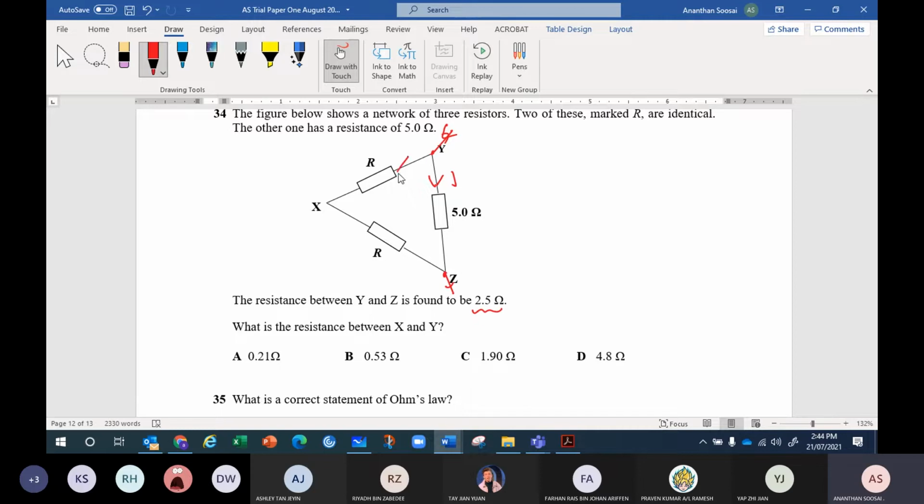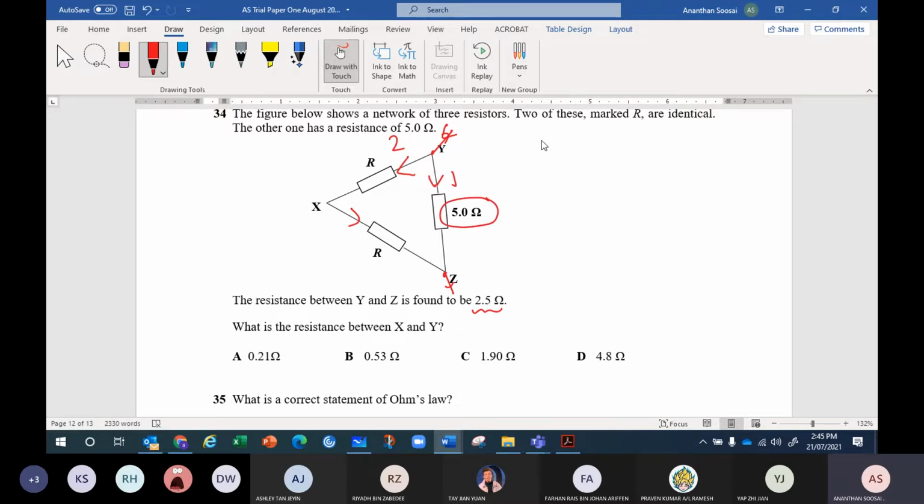Another way is the second way, going through R to X, then another R and coming to Z. These are the 2 ways of reaching Z. So these 2 ways are like a parallel route. Find the resistance in parallel. The first route has 5 ohm.